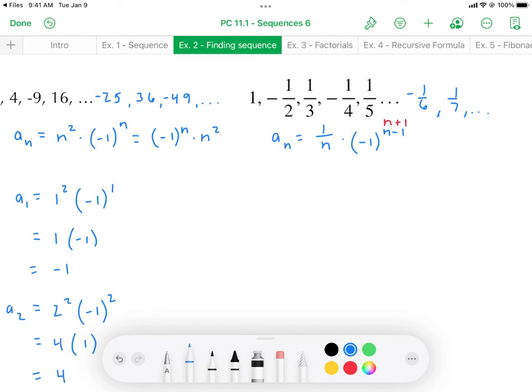All right, so let's, again, test a couple out. So if I want the first term, a sub 1, that's an n value of 1, so 1 over 1 times negative 1 to the power of 1 minus 1. So that's 1 times negative 1 to the 0 power. What's the negative 1 to the 0 power? 1. 1 times 1 is, of course, 1.